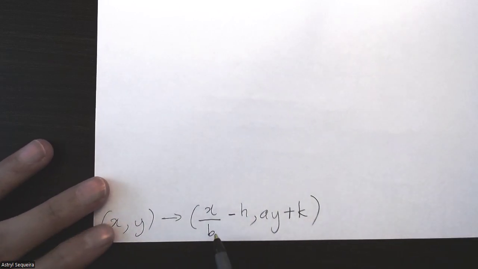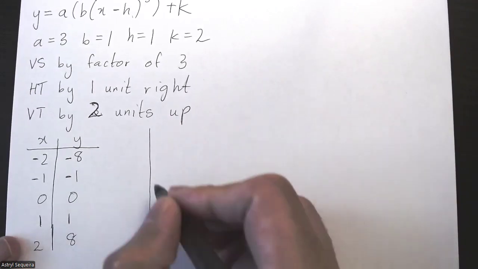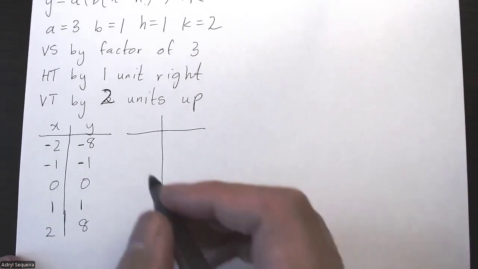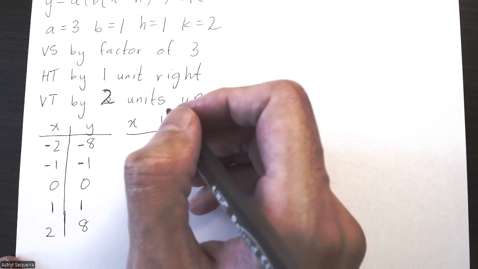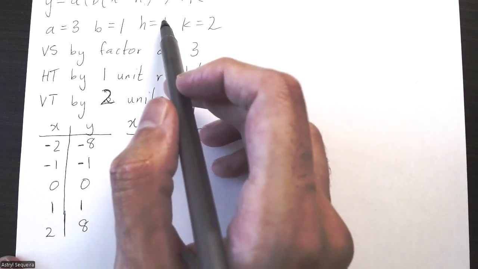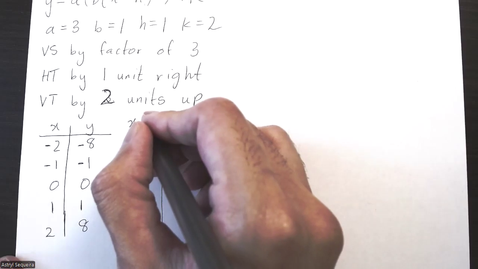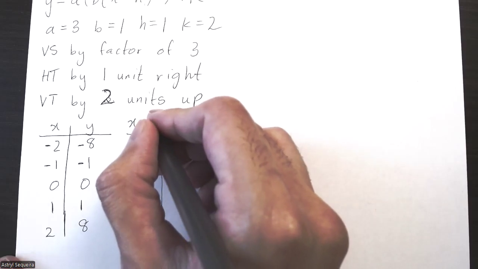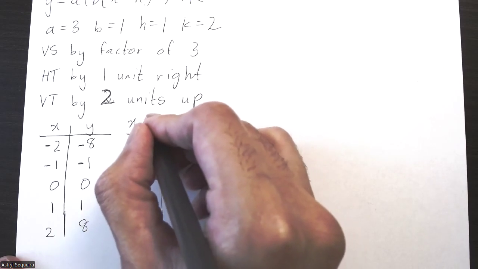So simply speaking, I just need to solve in my b, h, a, and k for my mapping rule here. I'm going to do it in this table over here. There's no b value, so I just have x, then my h value is just 1, so x plus 1.